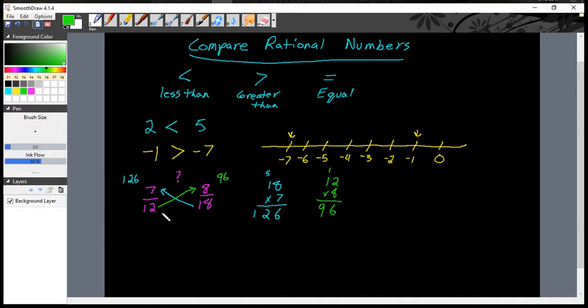Now, instead of comparing these two fractions, I can compare these two numbers, their cross products, and 126 is the larger number, so I'm going to say 7/12 is greater than 8/18. Because this is the larger cross product.